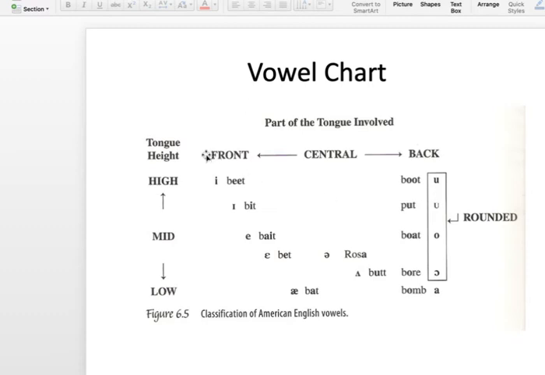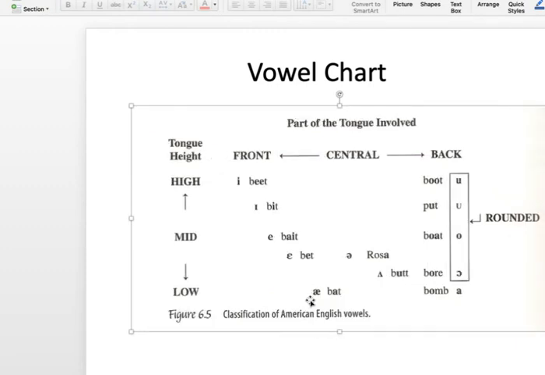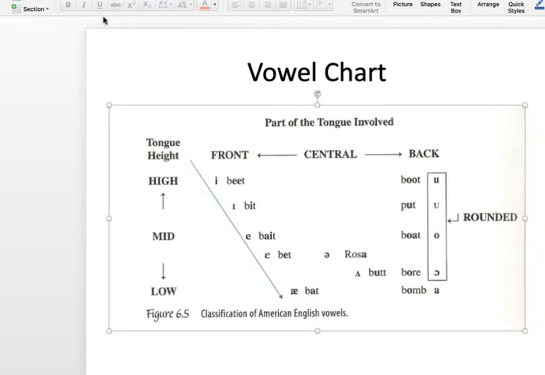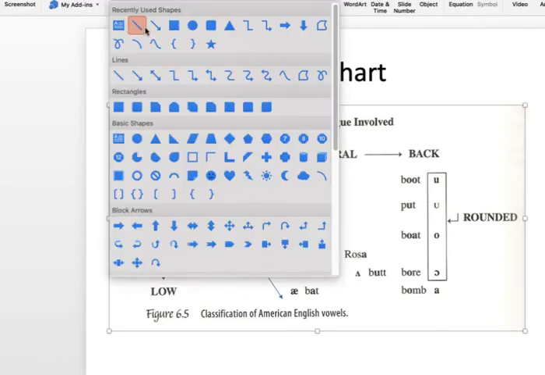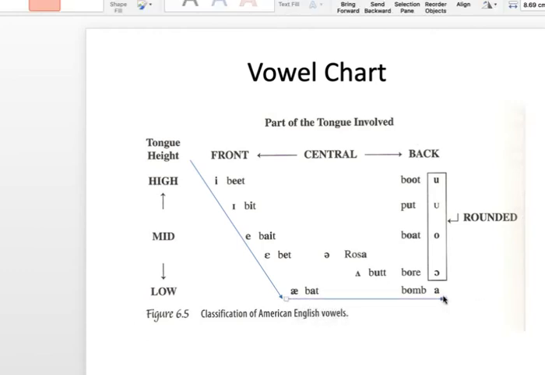You would notice here, just one second, let me see if I can use this.